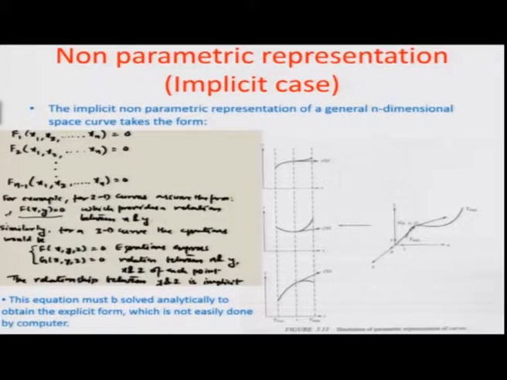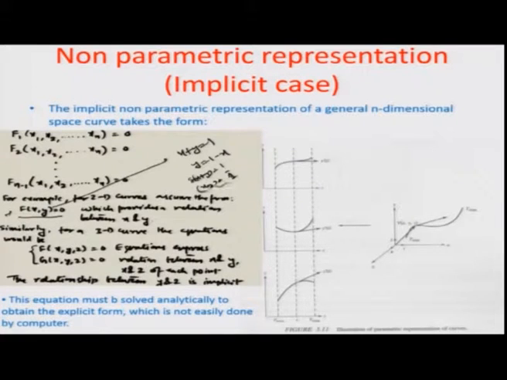So, this is an equation which relates some form of x with respect to some form of y. For example, this equation can be as simple as x plus y equal to 1, where y becomes equal to 1 minus x, or it could be something like sin x plus y equals, let us say 1. So, x plus y becomes equal to multiples of pi by 2.